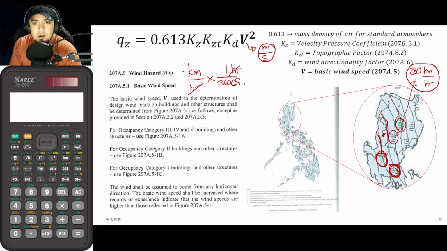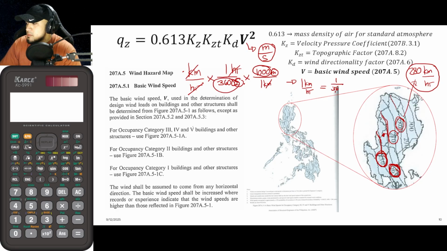So I would be multiplying another conversion factor. And I know that for every 1 kilometer, there is 1,000 meters. So from that, kilometers would cancel out, thus leaving me an answer in terms of meters per second. Okay? So from that, for every 1 kilometer per hour, we have 1,000 divided by 3,600.